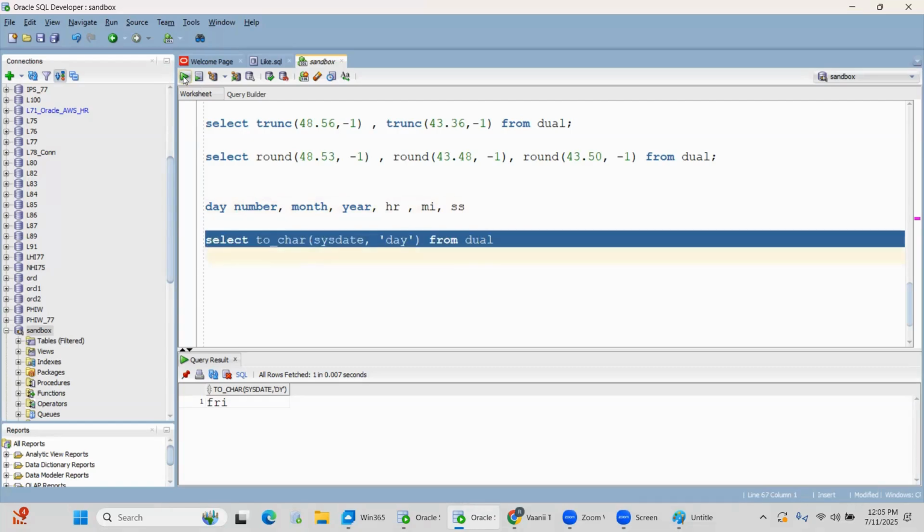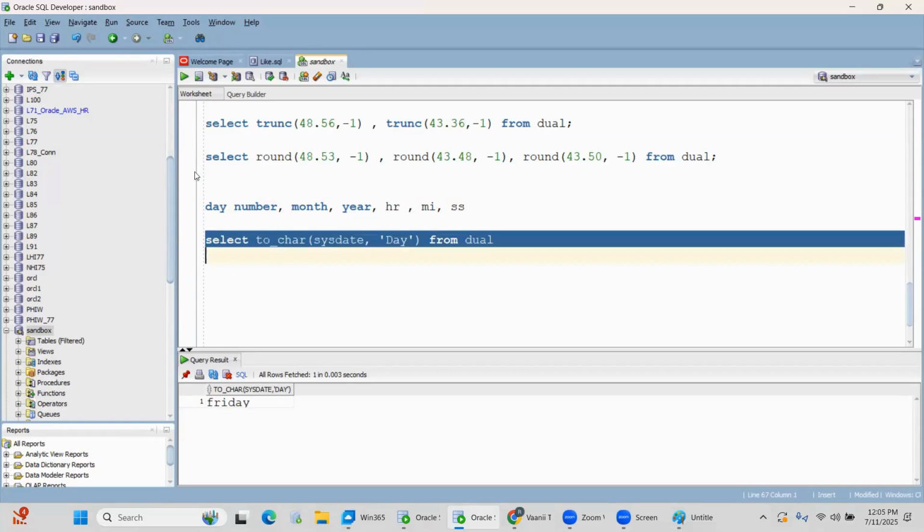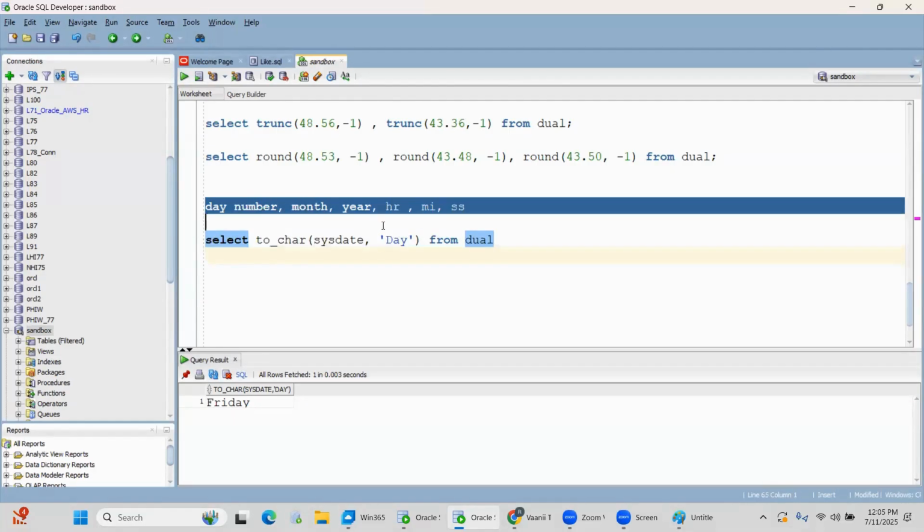Okay? So in this way, you can keep writing. If you write the first letter in caps, it will give you the result in this format. So any component, you can just cut it off from a date using toChar.